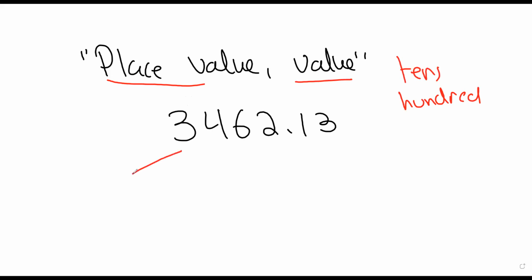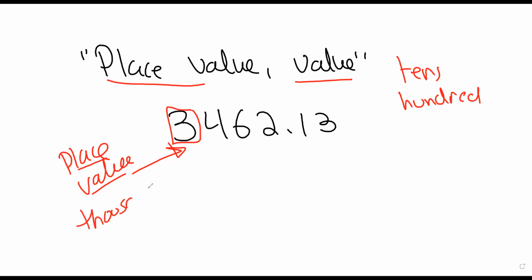If I discuss this digit over here which is the 3 and I ask you what is the place value of the 3, place value means its position in the number: is it hundreds, tens, or thousands? So the place value of the 3 is the thousands, while if I ask you what is the value of the 3, the value is a number.